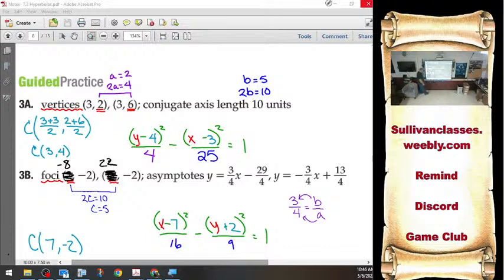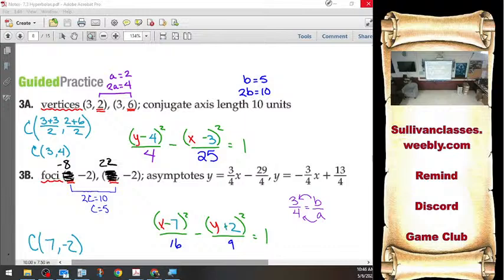I mental math wrong. If I do that, isn't the midpoint between -8 and 22 still 7? Yes. So the center is still the same. I still get x's go first. I go over to my b over a equals 3/4, and all of that is good, but now c is 15.